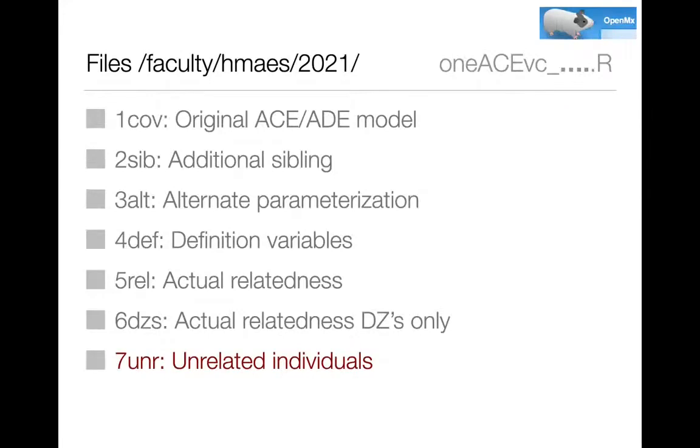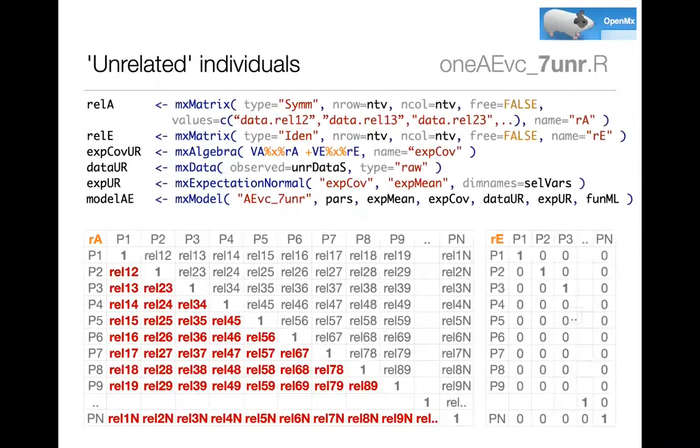So finally, what about unrelated individuals? Because I think a lot of you might actually not have data on family members, or more specifically on twin pairs. We could extend the same logic to unrelated individuals if we were able to genotype them and work out their actual relatedness.